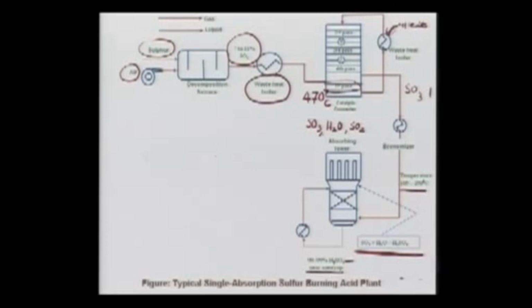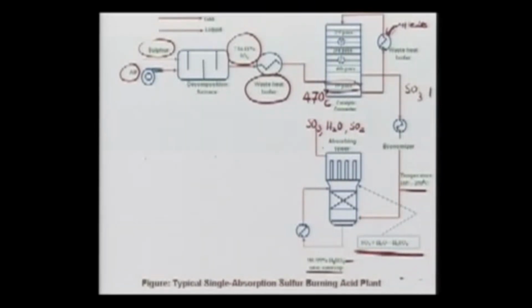We want the partial pressure of these three species to be minimum. We'll see what possibly can happen if this is not minimum. So this is continuously recycled.